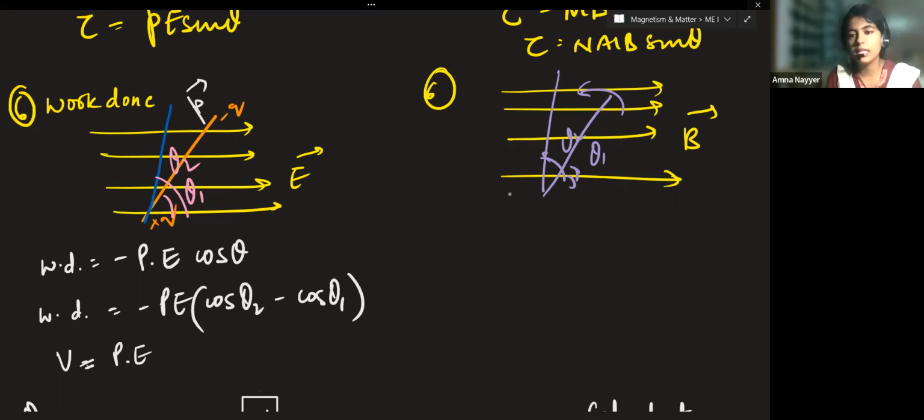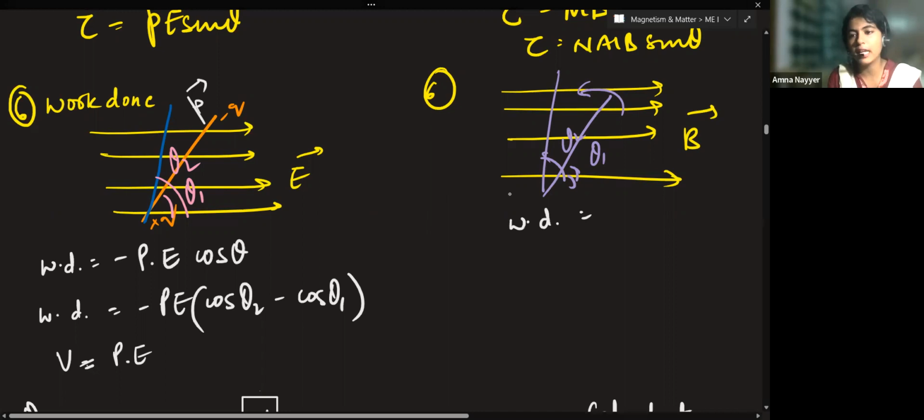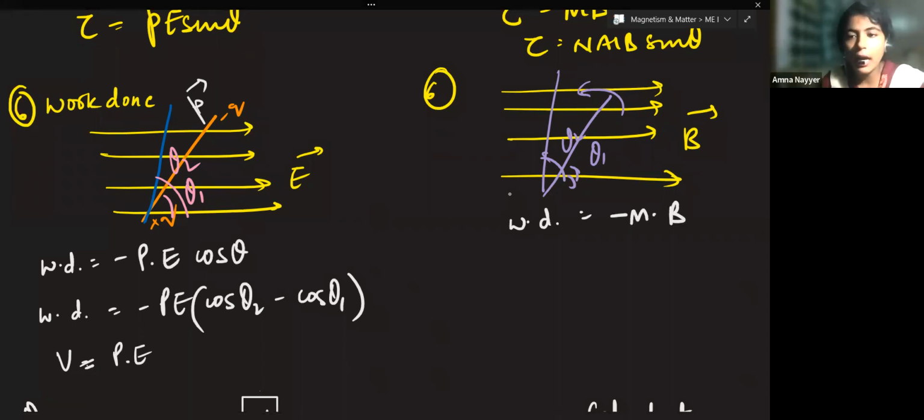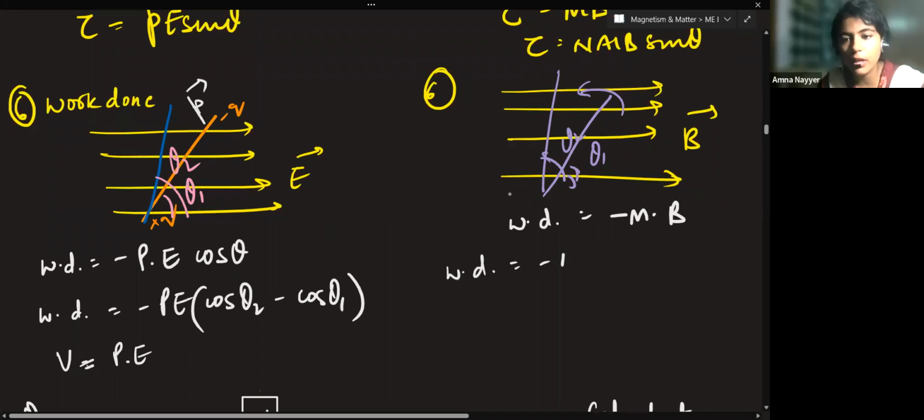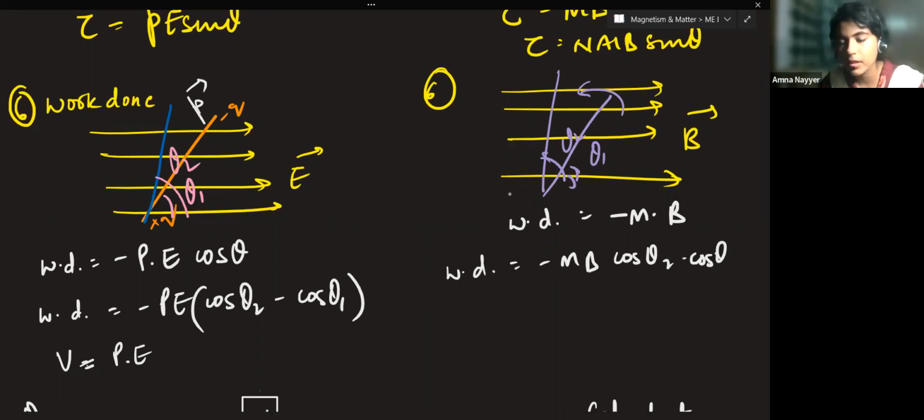So work done here will be what? See, minus M dot B. And here work done, you can write this as minus M B into cos theta 2 minus cos theta 1, or potential energy will be minus M dot B.